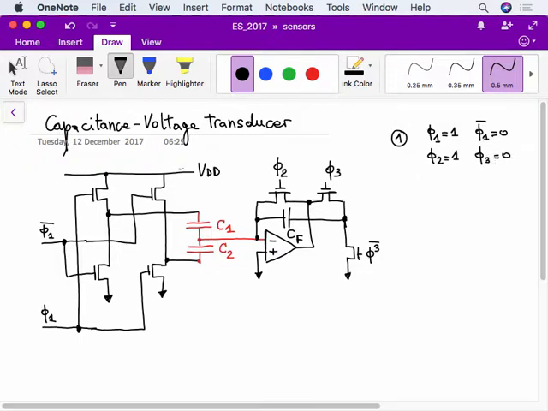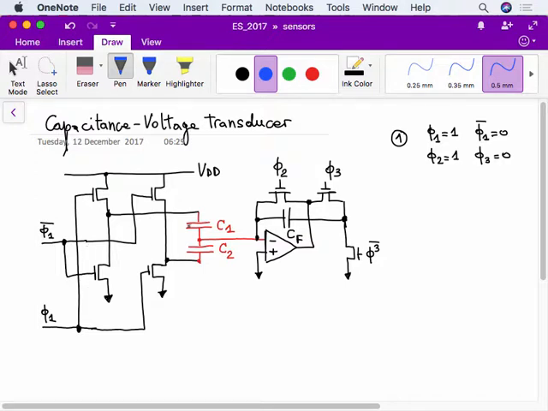So in order to understand what happens in the circuit, you have to consider that this Phi 1, 2 and 3 signals go to the gate of NMOS transistors. So when the signal is high, then the transistor is on, which means it's a short circuit, okay?